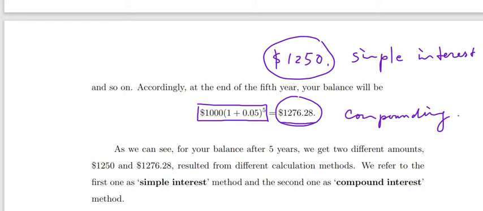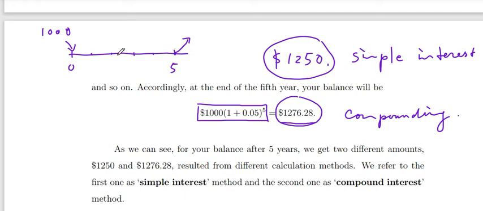With this one, at 0, at the beginning, I deposit $1,000. Then I do not calculate anything; at the end of the 5th year, I just take it out.